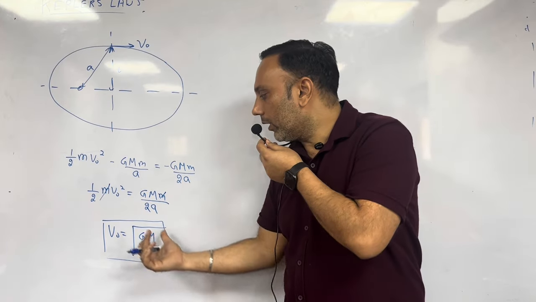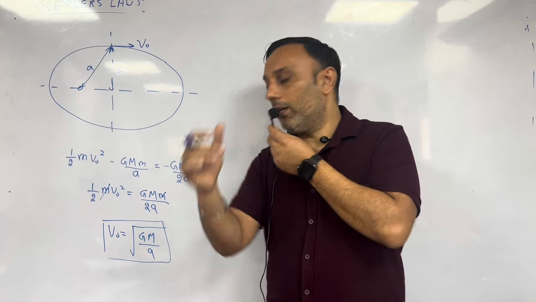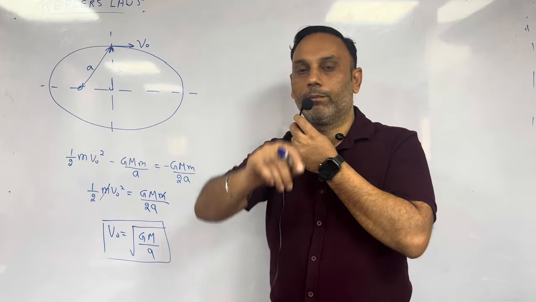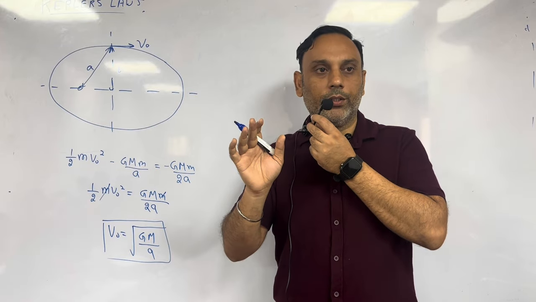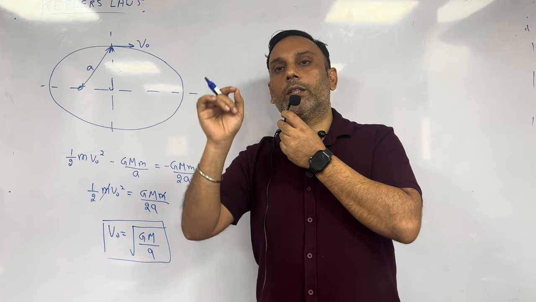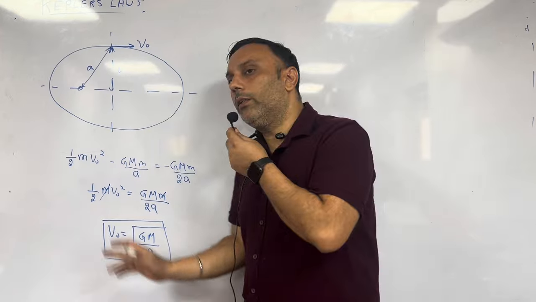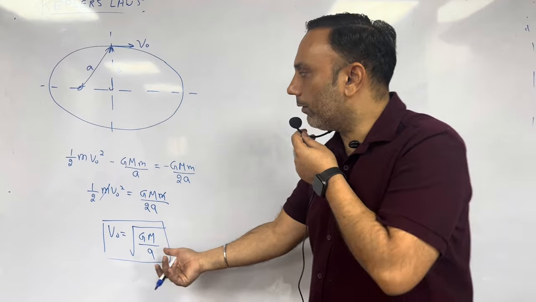A body having this velocity is going to perform a circular orbit around any planet or sun, any small object like a satellite. So it is going to perform circular motion. This is basically orbital velocity.